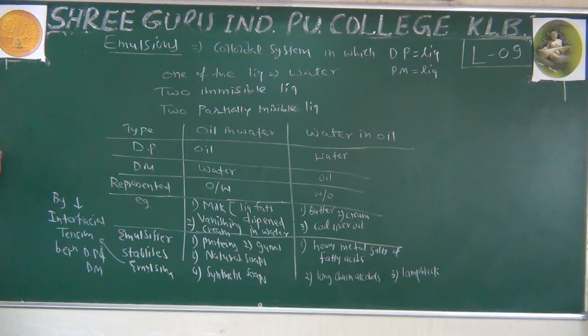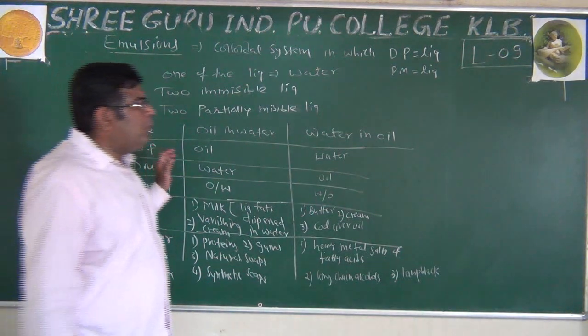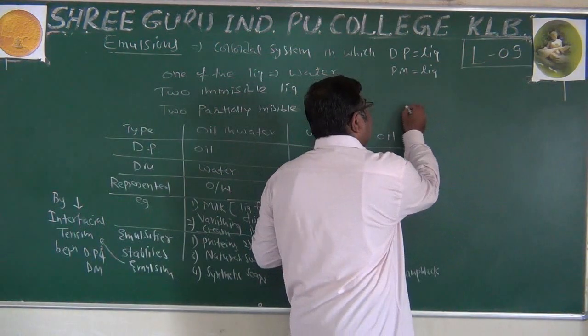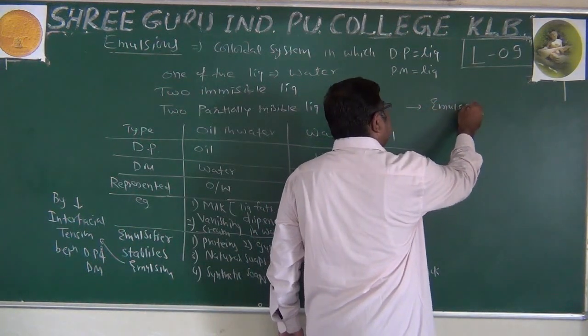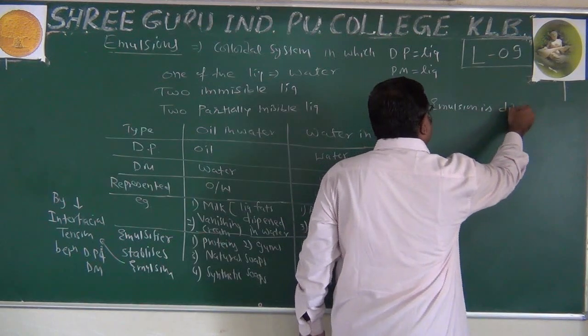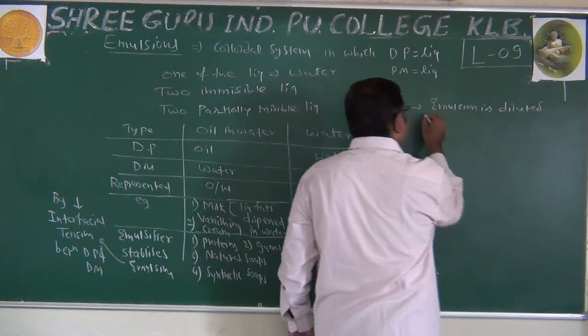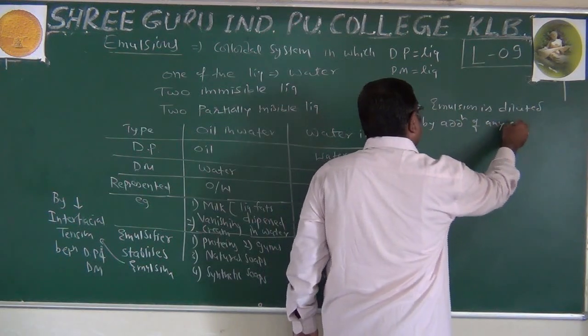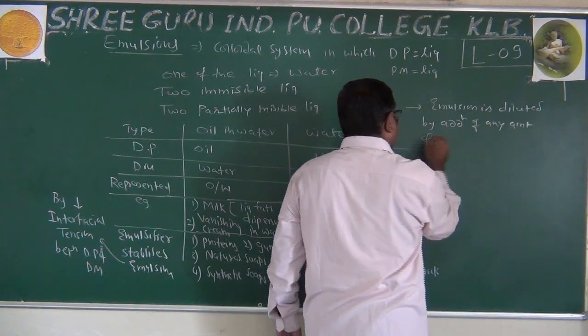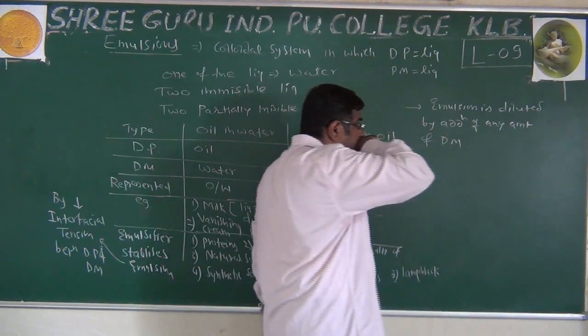Now regarding this emulsion, there are some 3 properties we should know. First is that emulsion is diluted by addition of any amount of dispersion medium.